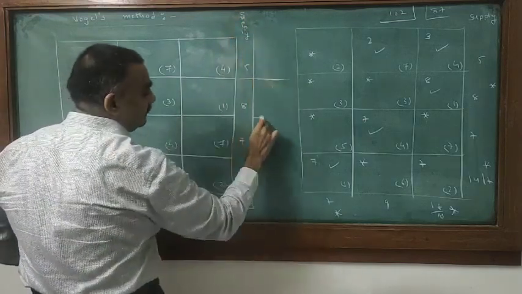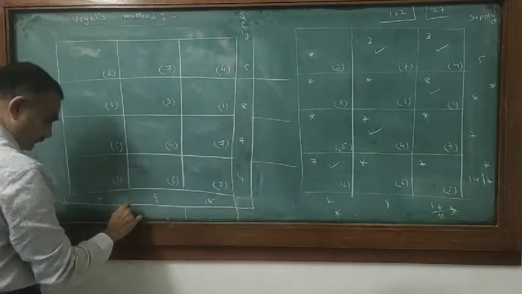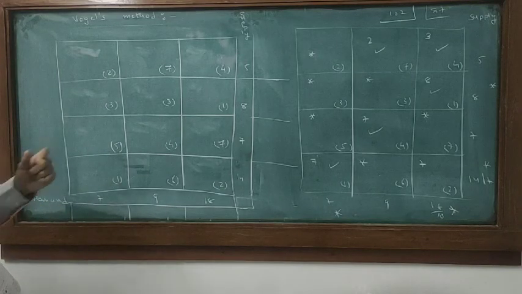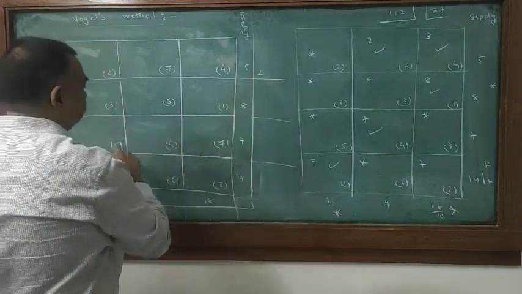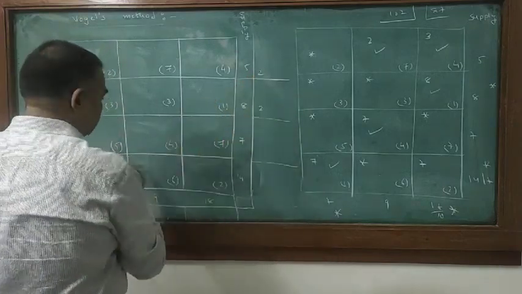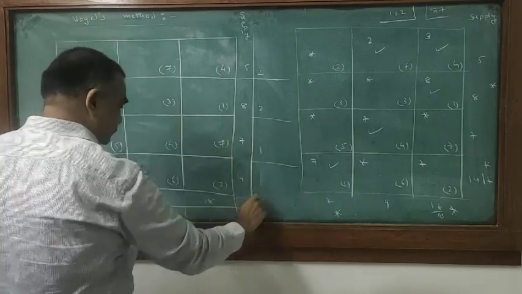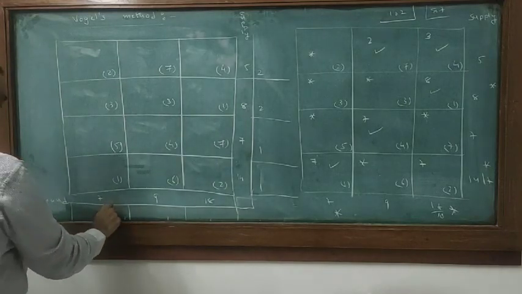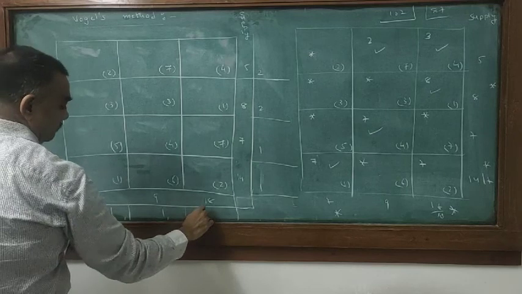And now we calculate penalties here. So first minimum, second minimum difference is 2. 2, 1, 1, 1, 1 and 1.